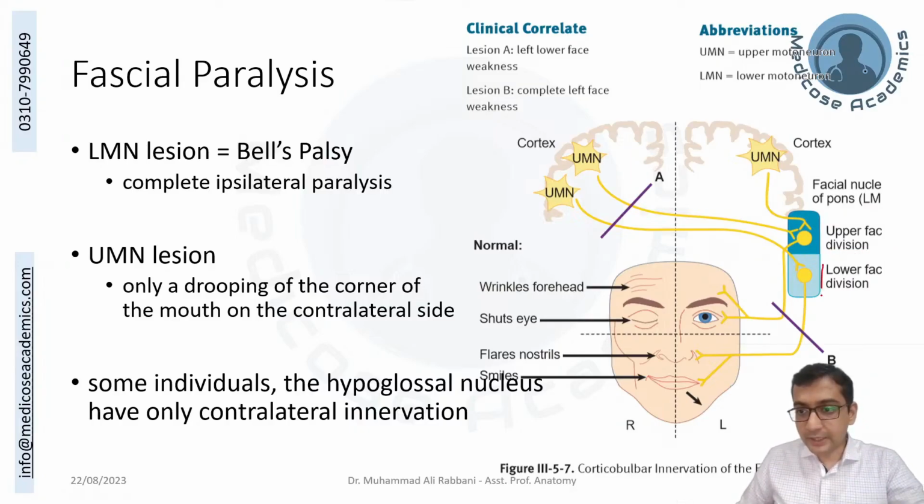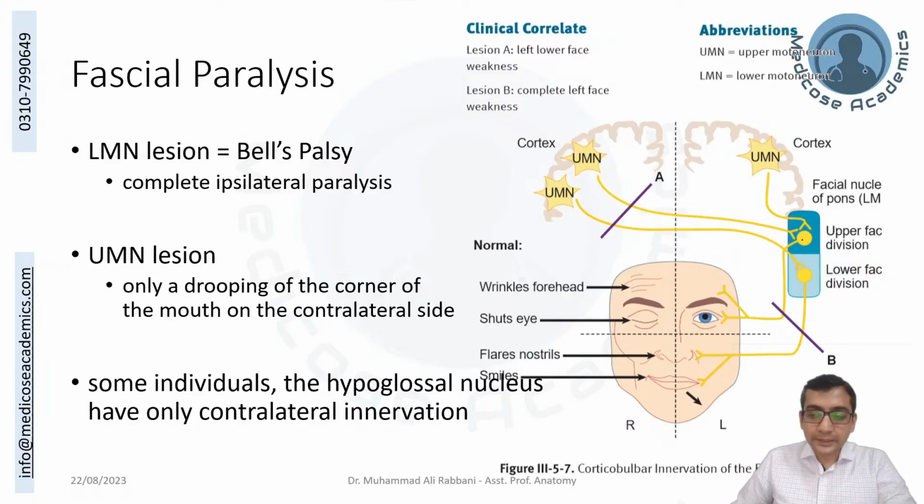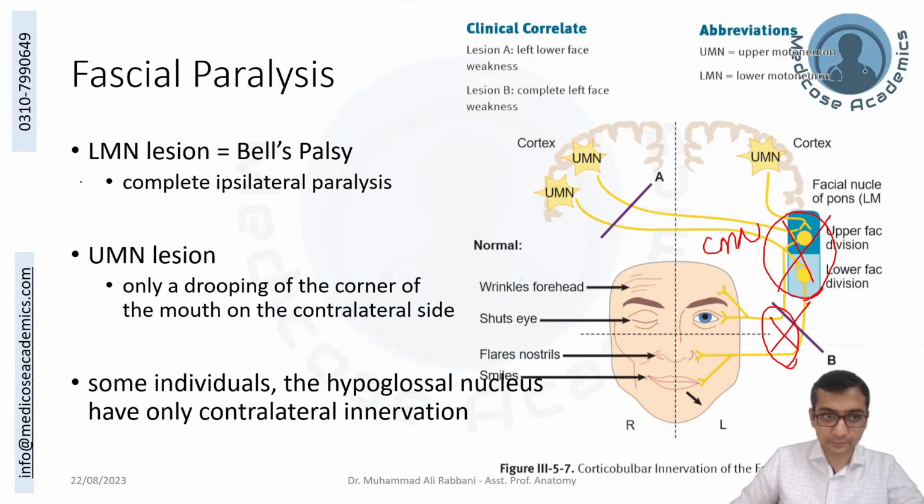However, the lower part is a special one. It is an exception because it is getting fibers only from the contralateral side. There is no input from the same side. Now, if there is a lesion of the facial nerve nucleus itself, or of the facial nerve itself, this is a lower motor neuron type lesion, and the same side of the face gets paralyzed.